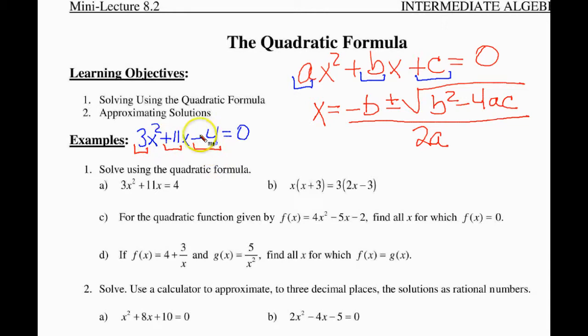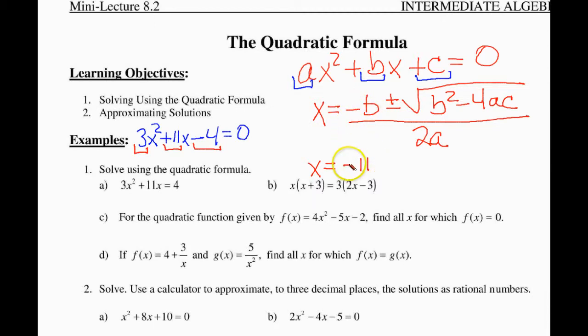So while we have this one, let's substitute this into our quadratic formula. So it's going to be x equals, now b is a positive 11, but in the formula it's the opposite of a positive, which makes it a negative 11. That's our B value.